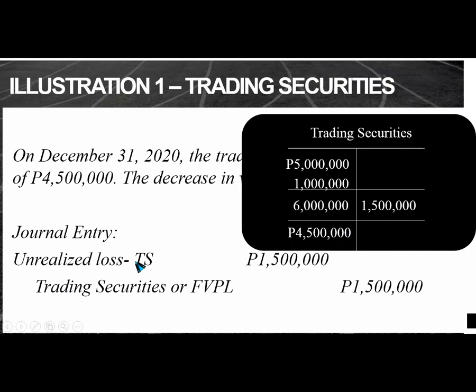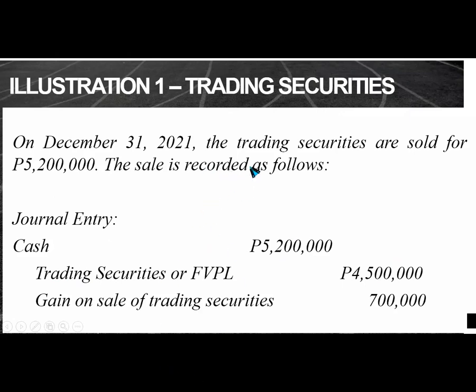Tapos itong unrealized loss natin na 1.5 million, ito naman yung i-report natin sa profit or loss statement or sa income statement. So this time meron tayong loss. Okay? So now, what if noong December 31, 2021, yung per record natin, 'di ba, 4.5 million.